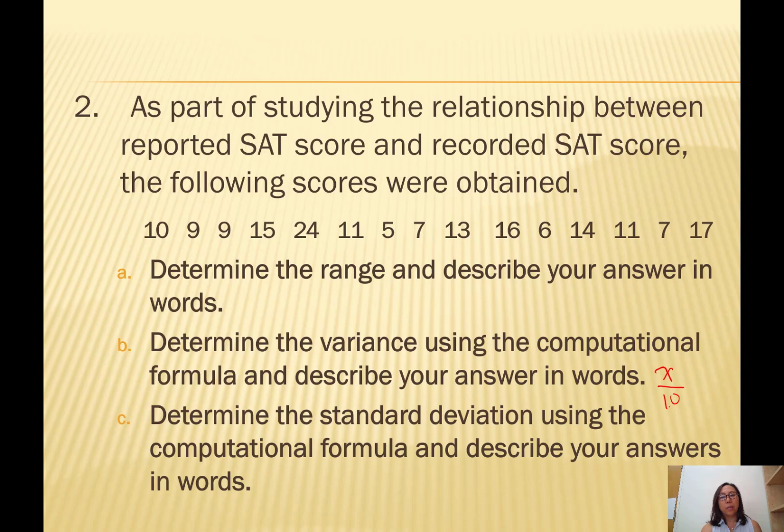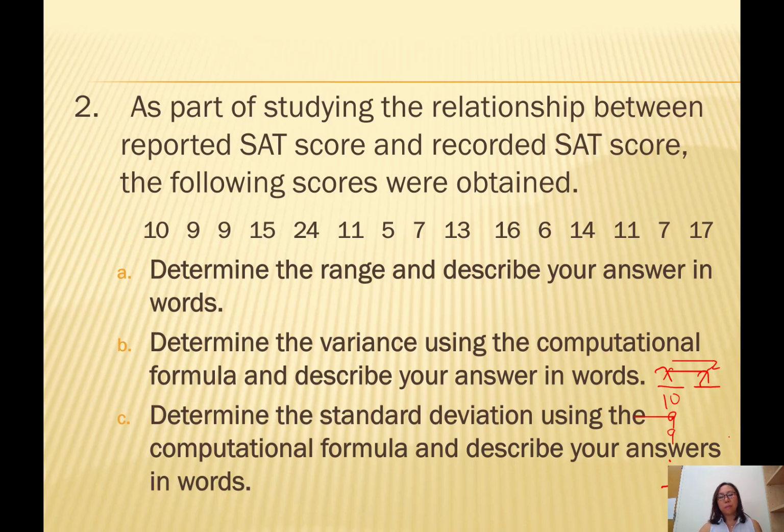So here you want to create a column of x's and list all the numbers, and they don't have to be in order. But if the numbers repeat, you have to keep them all the way down. You also need to square the x's, and then you need the total down here, and then plug them into the computational formula.